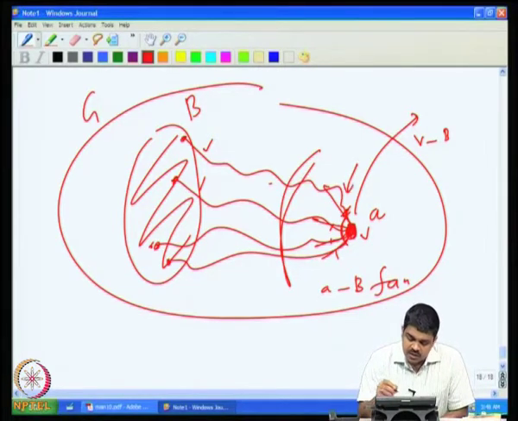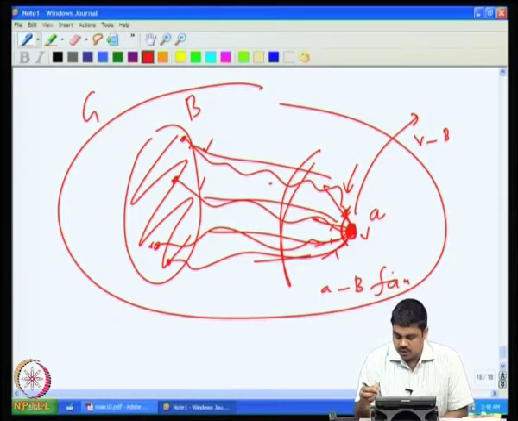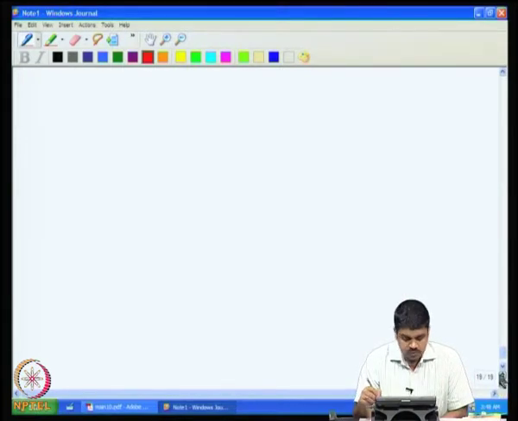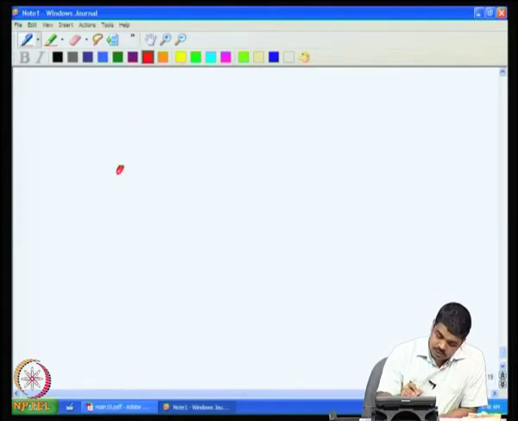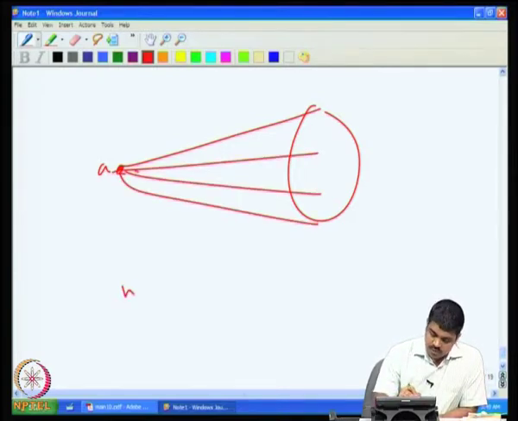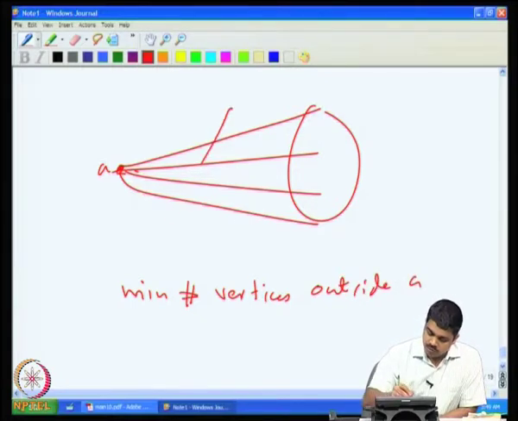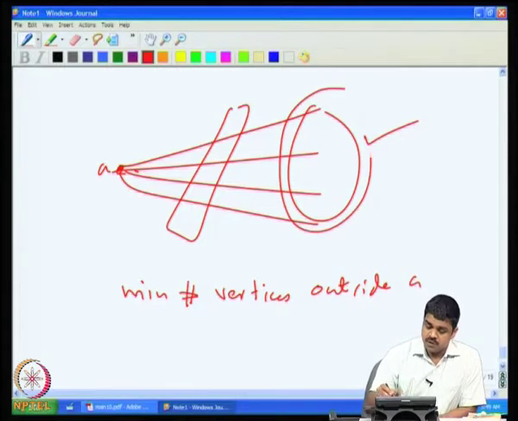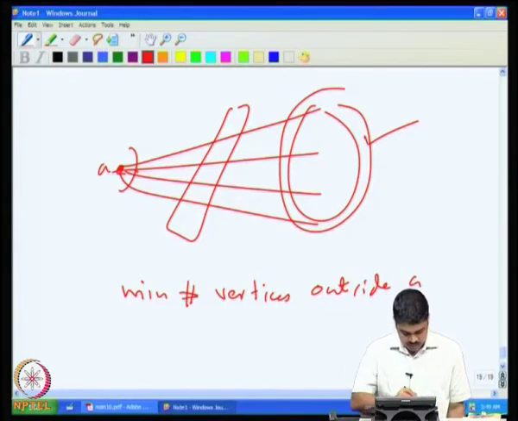The cardinality of the AB fan is how many such paths there are from A to B. We will show that the maximum cardinality of the AB fan will be equal to the minimum number of vertices, other than A, that I have to remove from the graph so that B gets separated from A, so that there is no more path from A to B. Those numbers are the same.